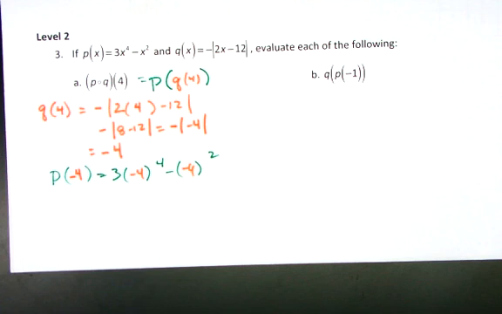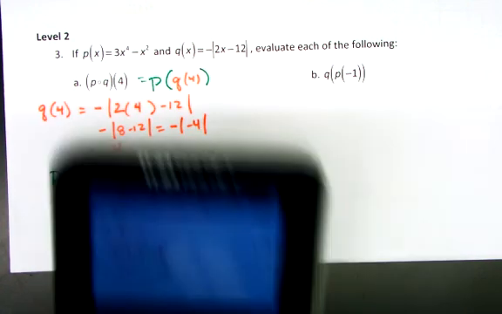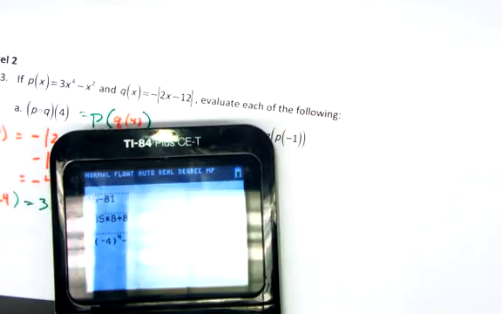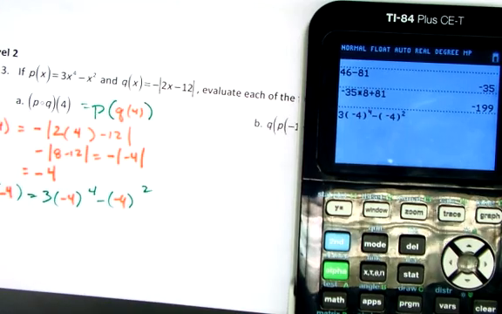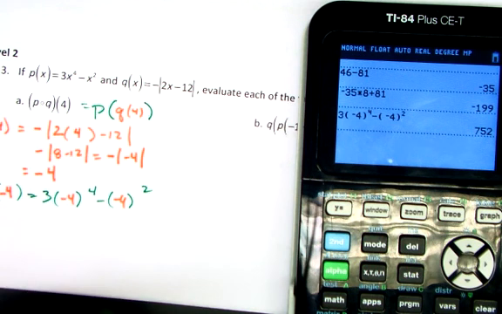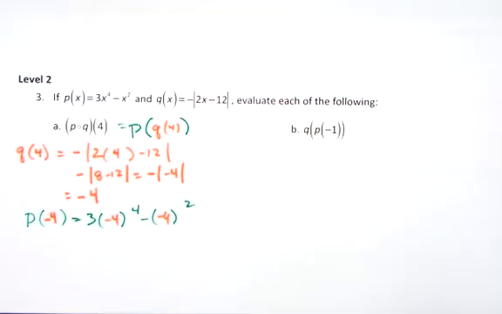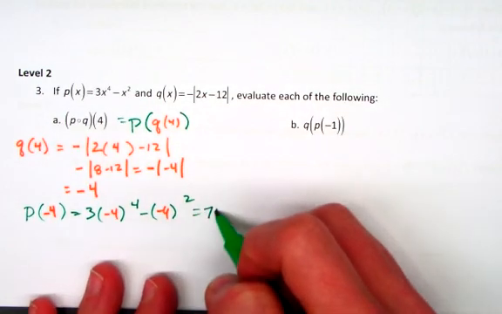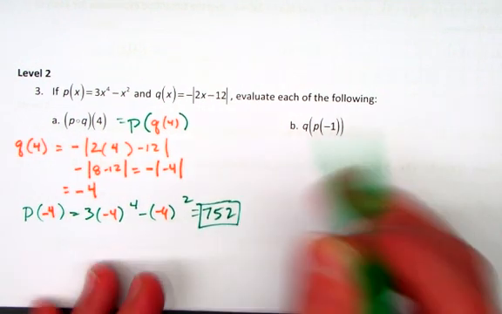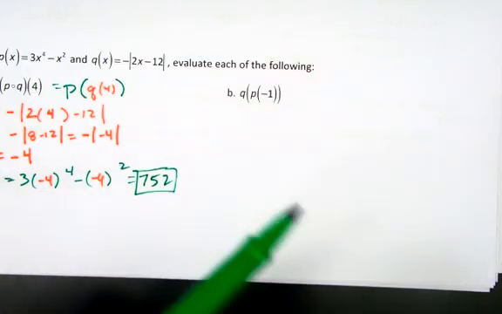Then you go to your calculator and type it in exactly as is, and you get 752. So that equals 752.